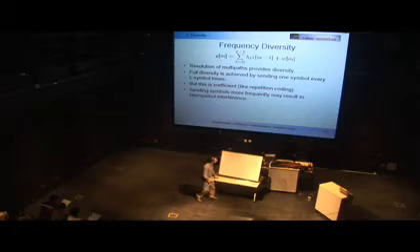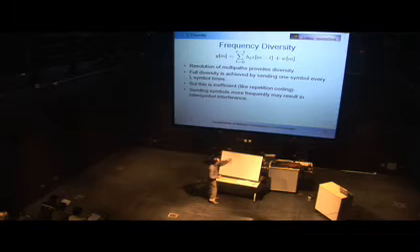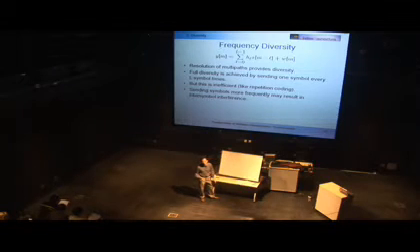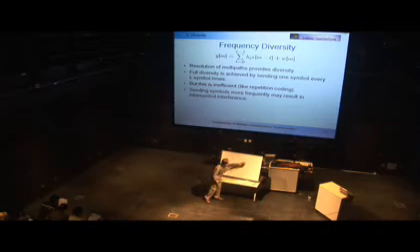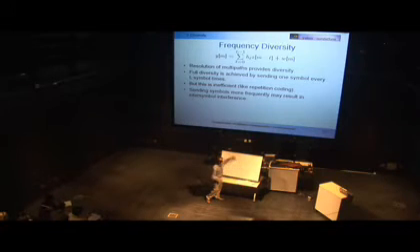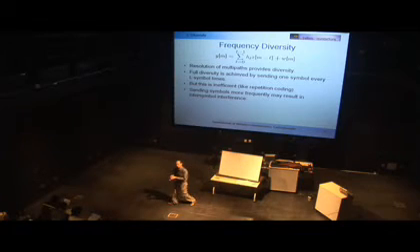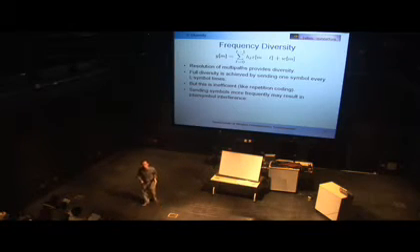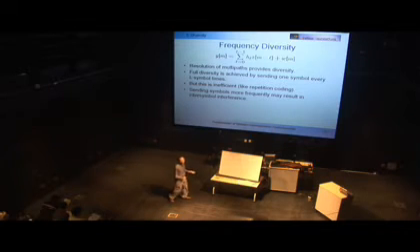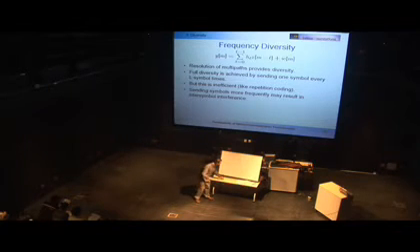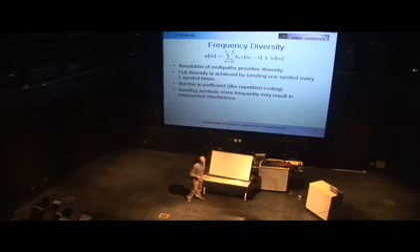Because if I start sending a symbol not here, but here, then this symbol will go through H0 and hit here, while the previous symbol is arriving at H1. So now the symbols start interfering with each other. This is the classic problem of intersymbol interference. So now I've got to deal with intersymbol interference.